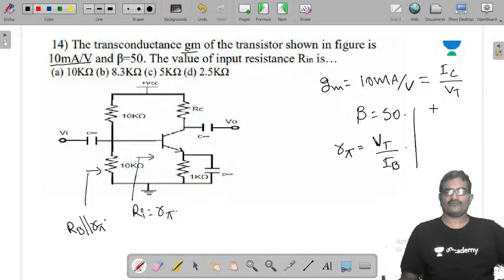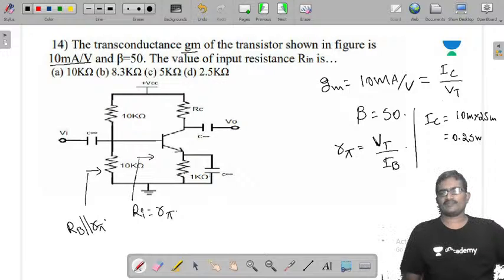So from this we get IC is 10 milli into 25 milli, 250 micro, that means 0.25 milliamps. That is your IC. Once they given beta, you get the IB from that. So IB is IC by beta.